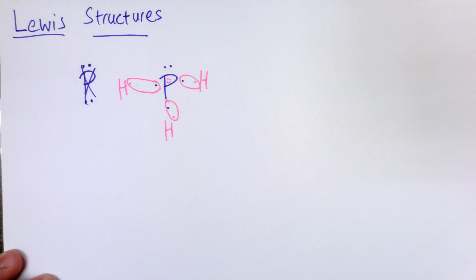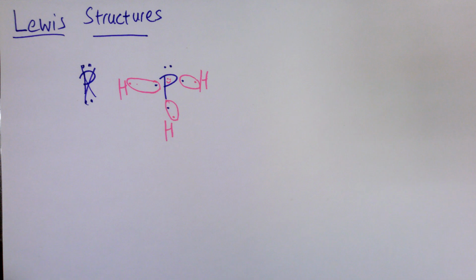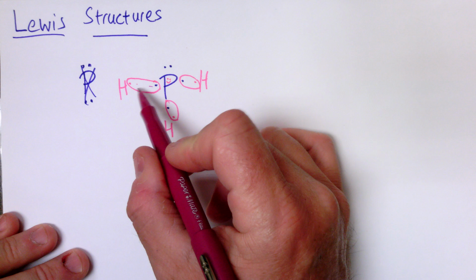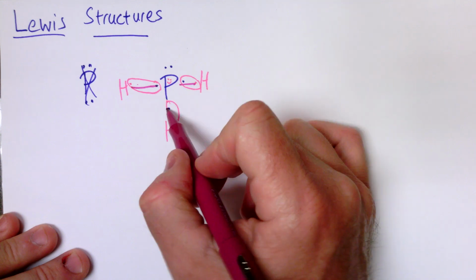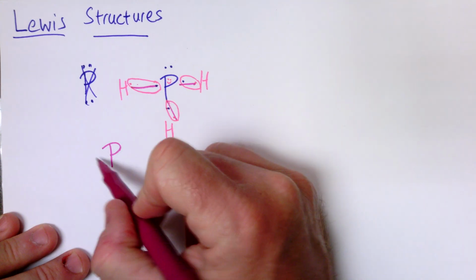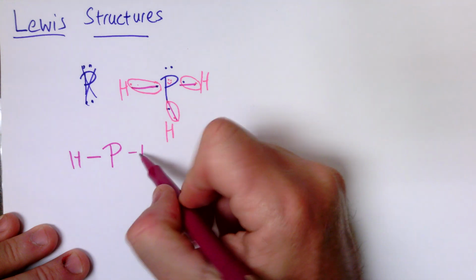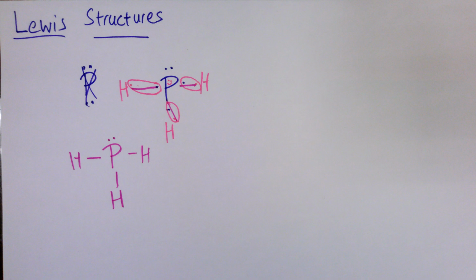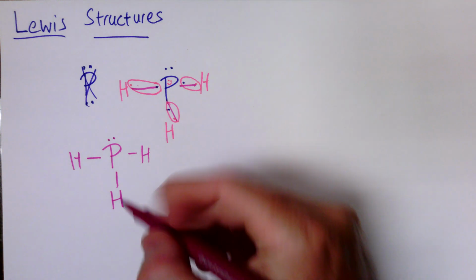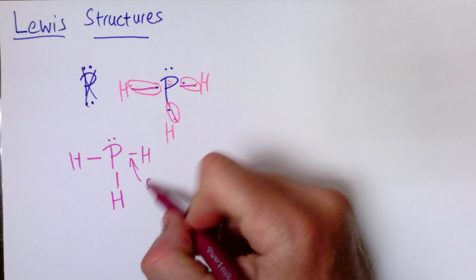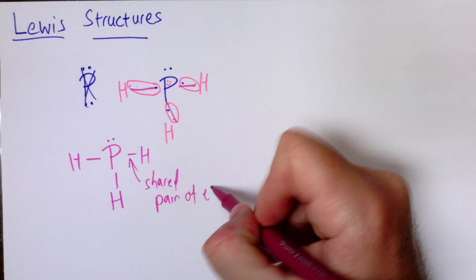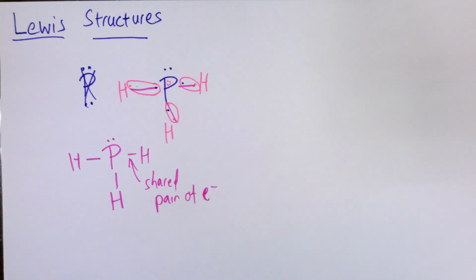Now, this gets kind of cumbersome drawing all these dots and such. So here's what we do. We draw what's called a Lewis structure, where instead of showing a bond being these 2 electrons like this, we draw a line. This is a Lewis structure where the line represents a shared pair of electrons, and that's why these guys are stuck together in the first place.